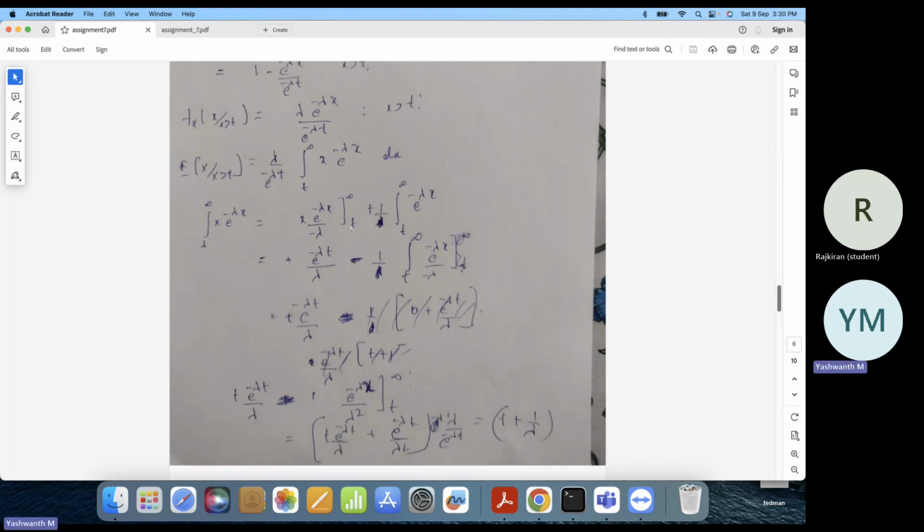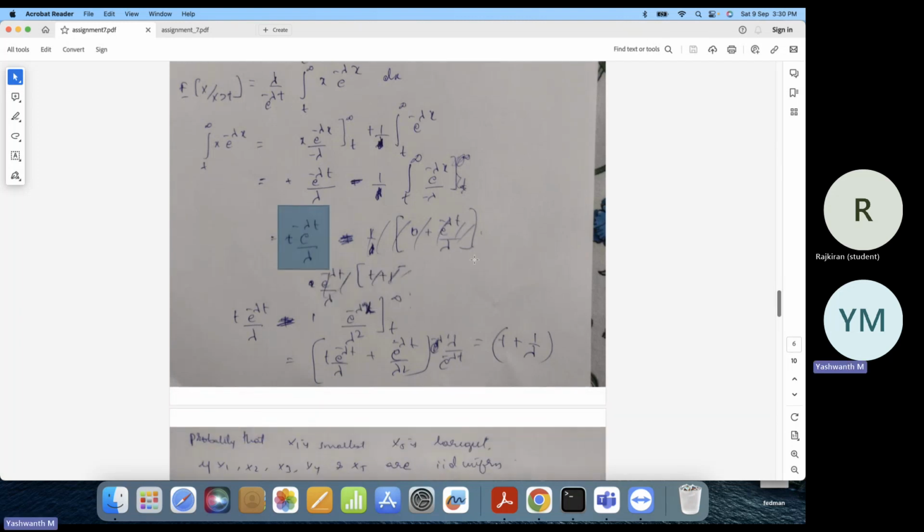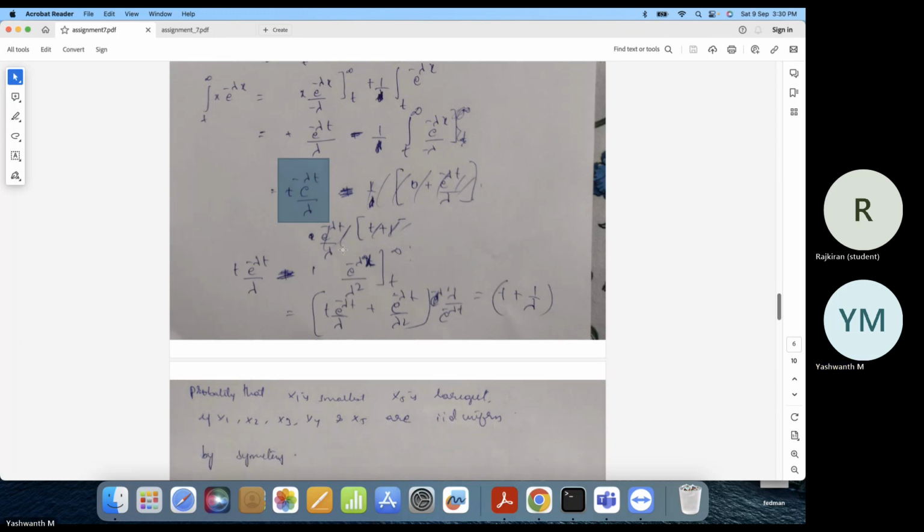Substitute t and the limits here, and you get this term. And finally, you integrate this e power minus lambda x by minus lambda with respect to x, and you get this term. The minus is there, and minus lambda was there because you took the integral.